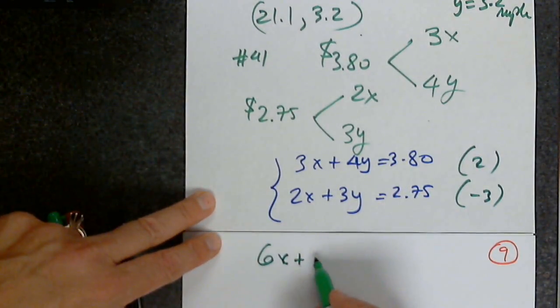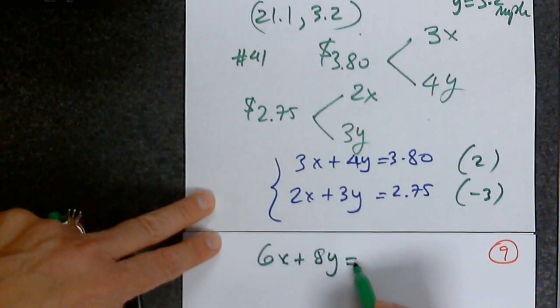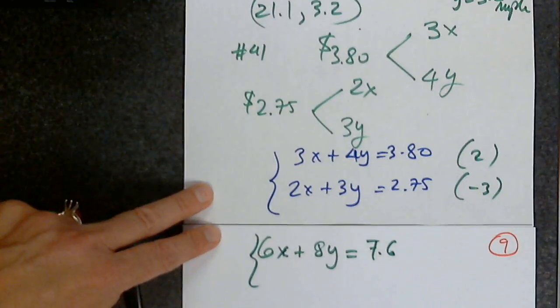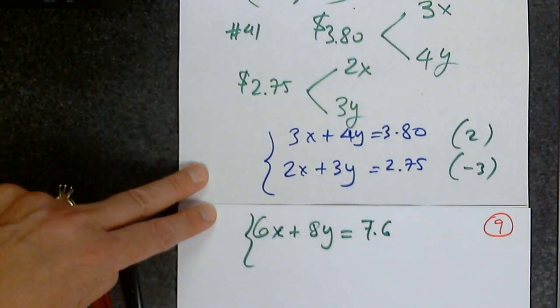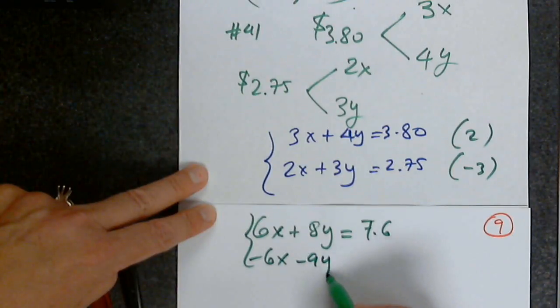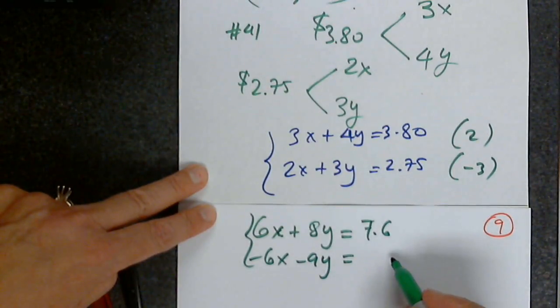So we have 6x plus 8y equals 7.6. Thank you. I was adding 6 to 1.6. Okay, and then negative 6x and minus 9y equals 8.25. Very good. Thank you very much.